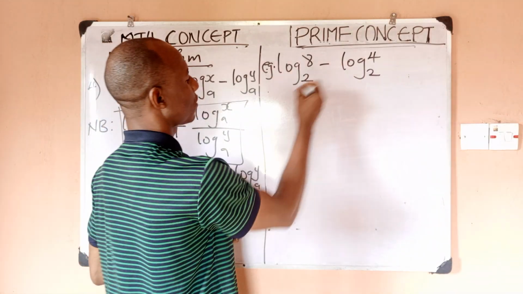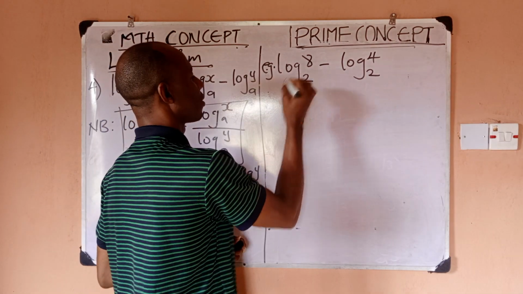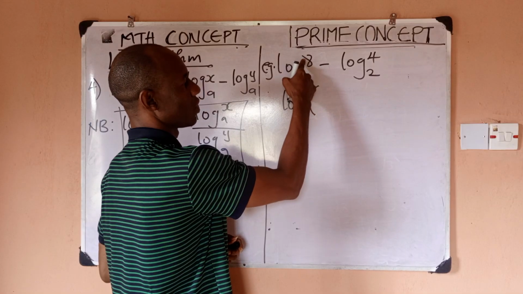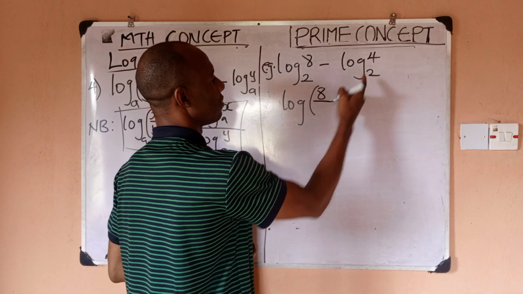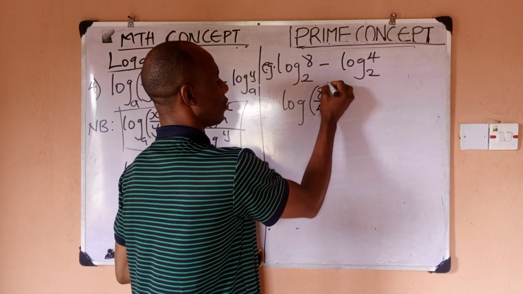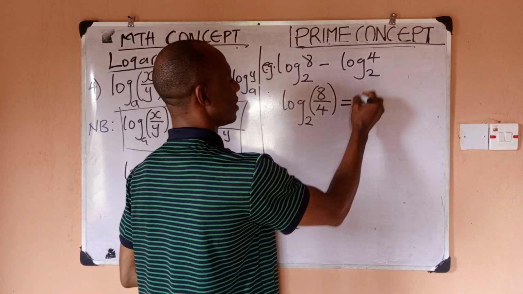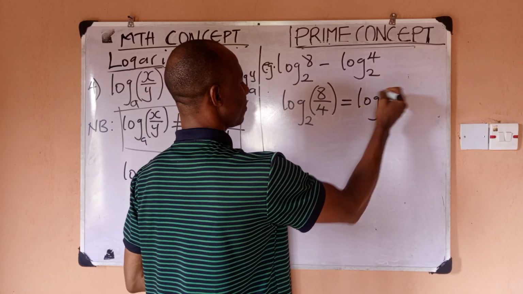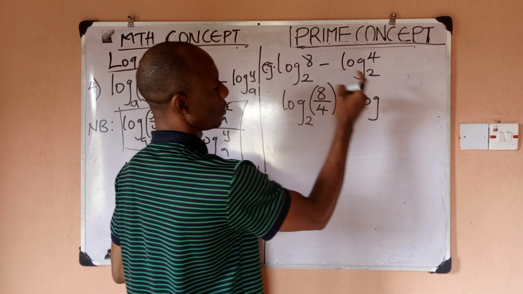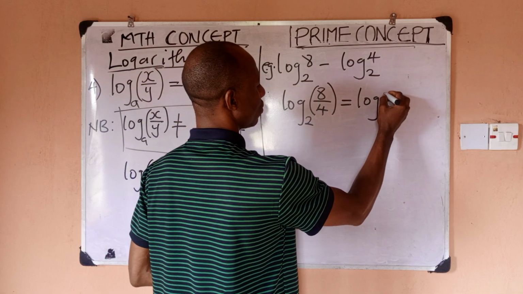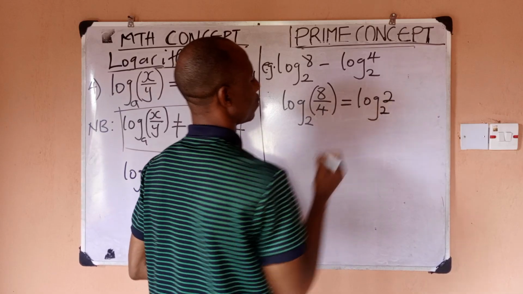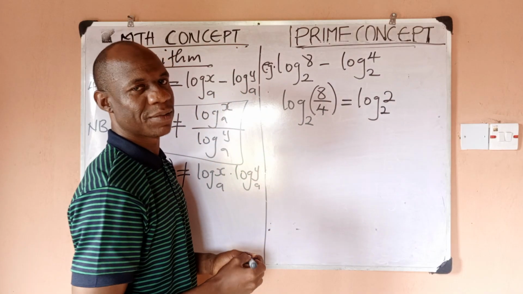Division. So if I should solve this, I can say log, then I would start with the first, which is 8. So I would say 8 divided by the next, which is what? 4. Then what is the common base? 2. So this is equal to log. Now 8 divided by 4 is going to give me 2. So I have log 2 to base 2, right? Now do I leave my answer this way?